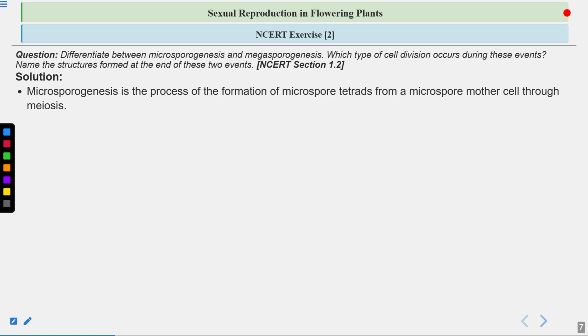So what is formed and from which cell? The first cell that you see is the microspore mother cell. From where does this microspore mother cell develop? From which tissue? This we must know.